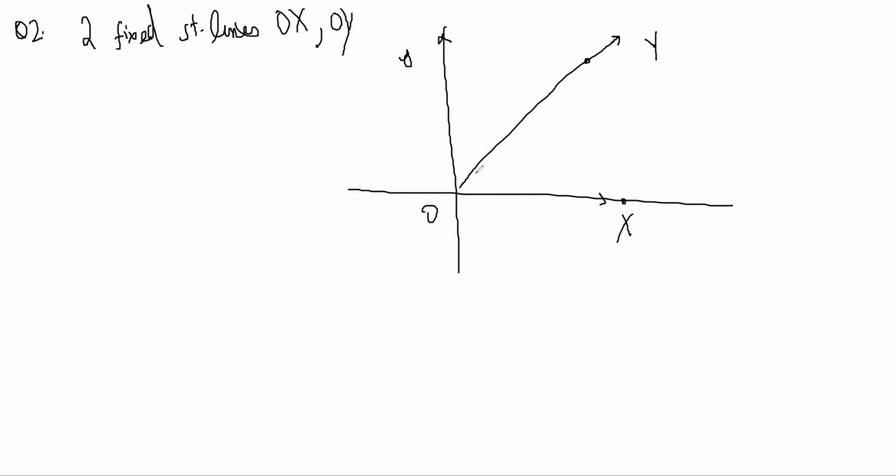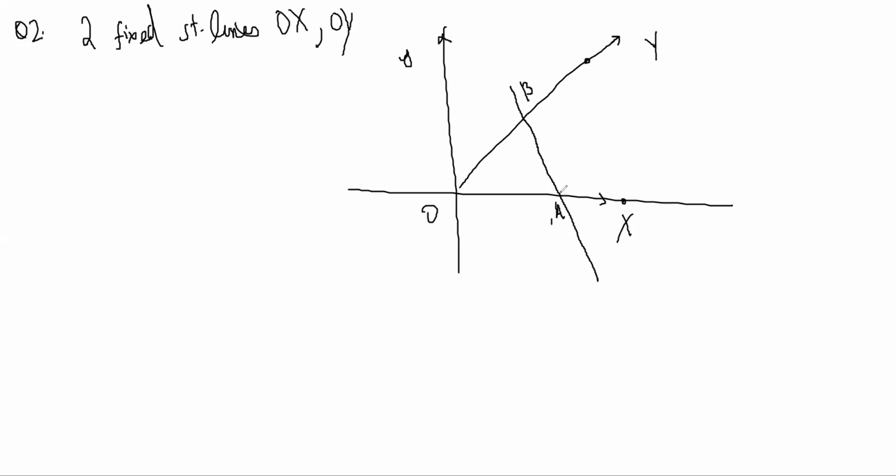Now this is cut by a variable line, at points A and B, right? So let's say this is A and this is B, right? P and Q are the foot of the perpendicular drawn from the points A and B upon the lines OBY and OAX.